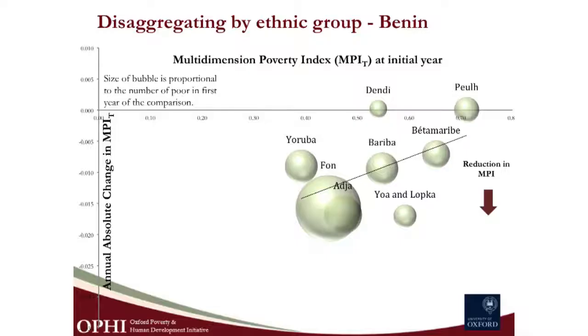You can also decompose by ethnic group. Here, for countries where we had the information, we looked at the poverty of the different ethnic groups. On the horizontal axis you have the MPI in the first period, and on the vertical, the change per year.